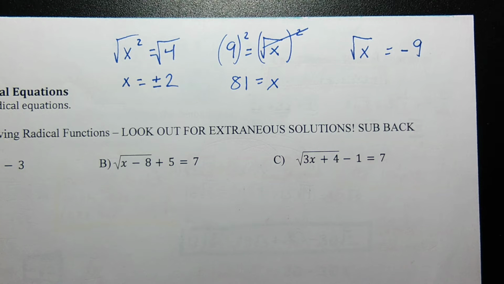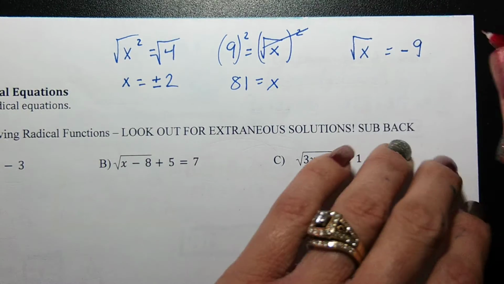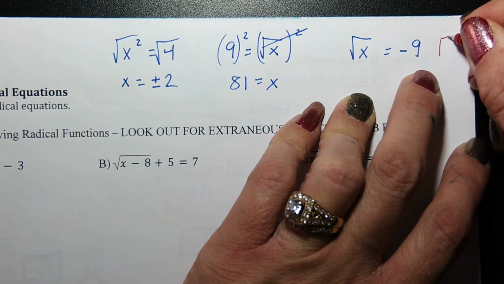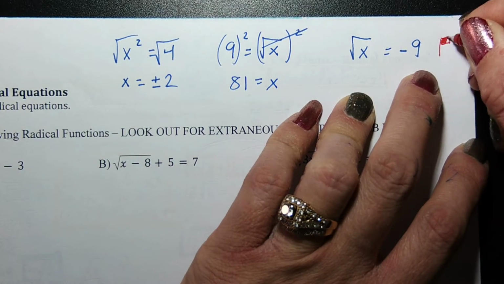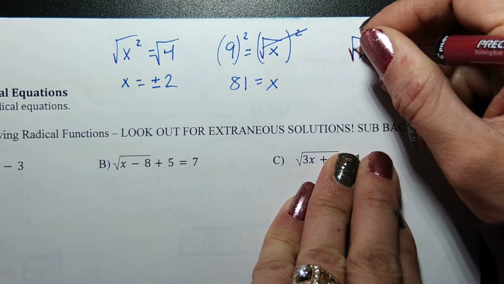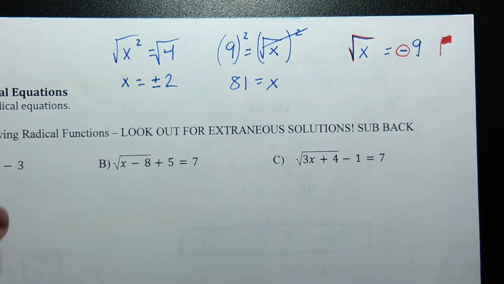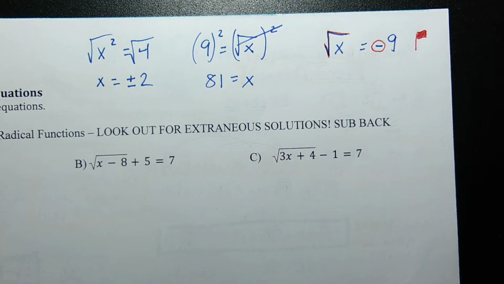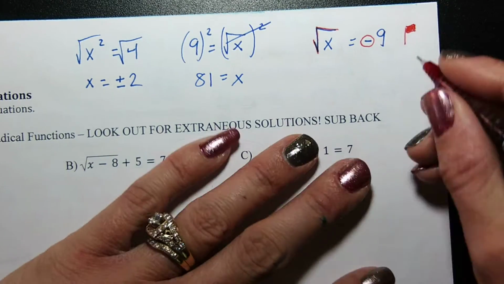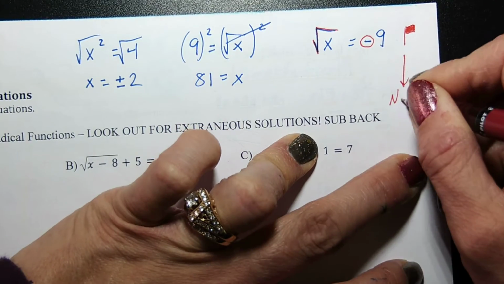Is there any way for me to get a negative from a square root? That is a no, and we call this a red flag. When you have the square root of something equal to a negative, that is a big red flag, and we can actually go straight to our answer of saying this is no solution.